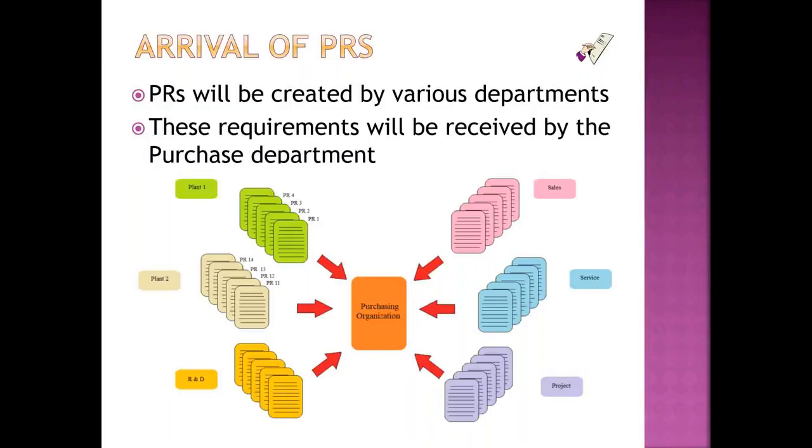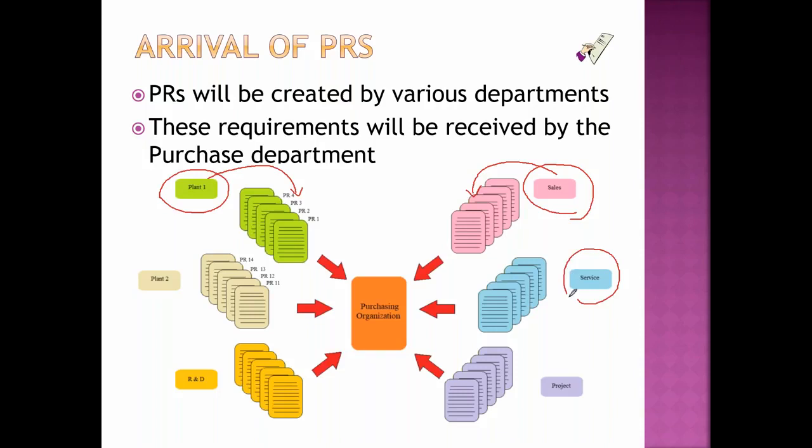Different documents called purchase requisitions are created by the various departments. Factory people, if they want some material, write purchase requisitions. Another department, if they want something, creates purchase requisitions.